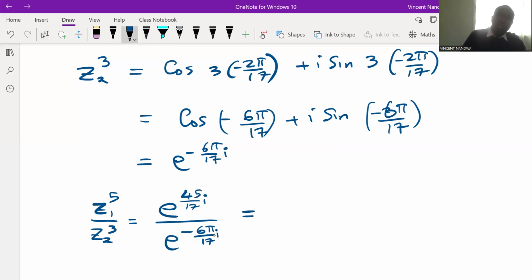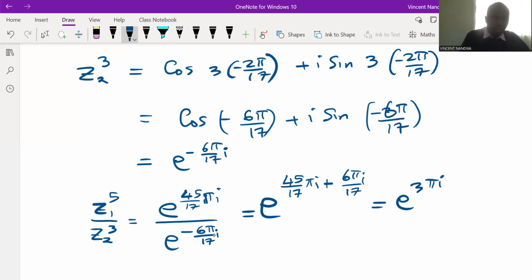So this will give us e power 45 over 17 pi I minus minus, will be plus 6 pi over 17 I. 45 plus 6 is 51. 51 divided by 17 is 3. So I'll have e power 3 pi I.